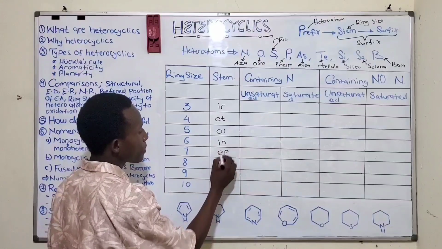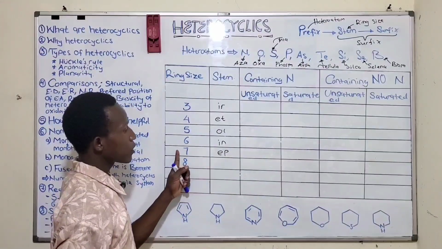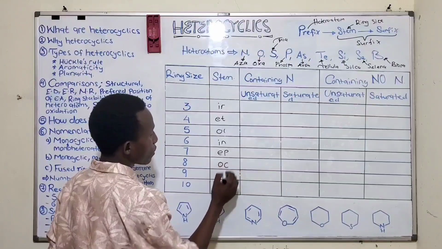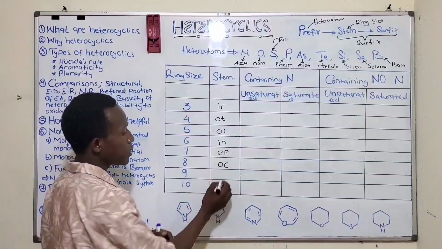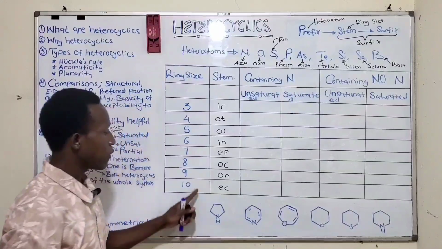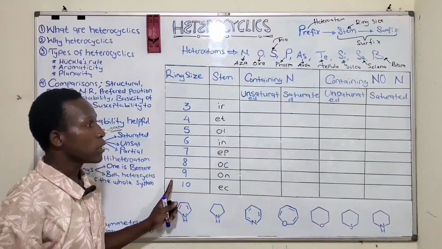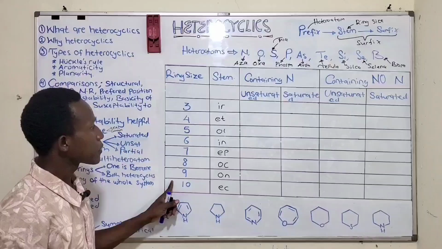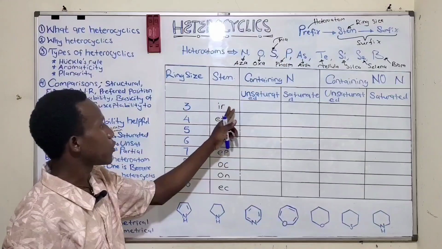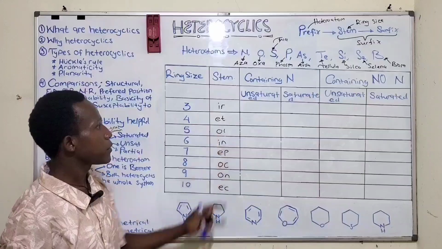Then we have ep for 7, oc for 8, on for 9, and ec for the 10-membered heterocyclic. So from the prefix, then you write the stem.